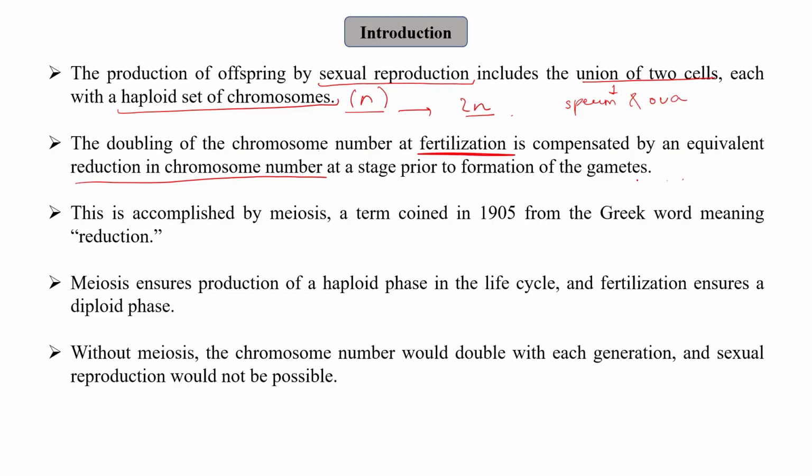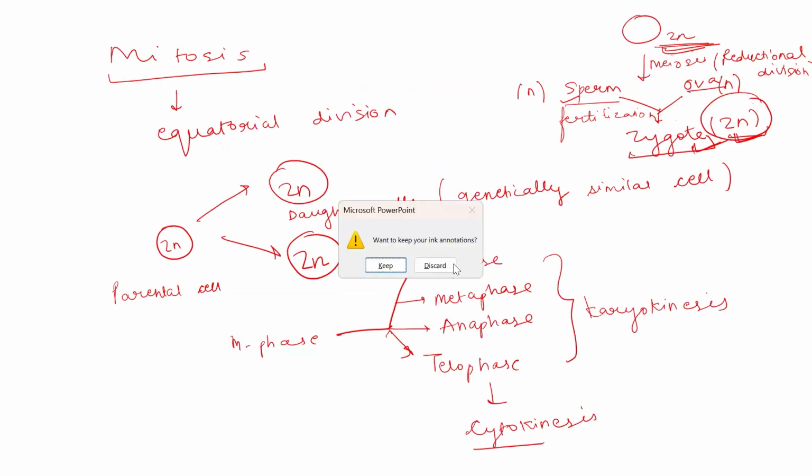For example, suppose we start with an organism which is 2n in number. Now, this is male. And it has to be fertilized with some female, which is also 2n.